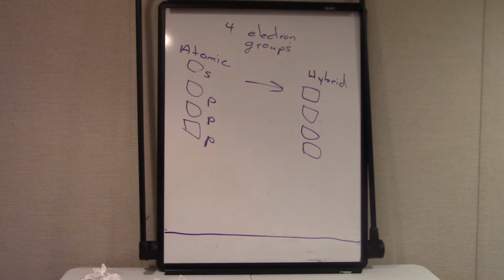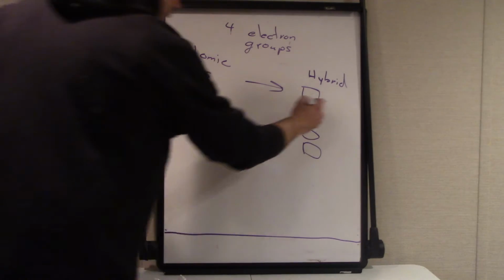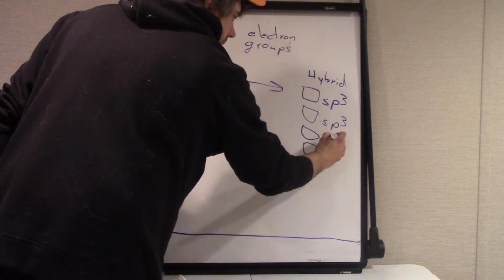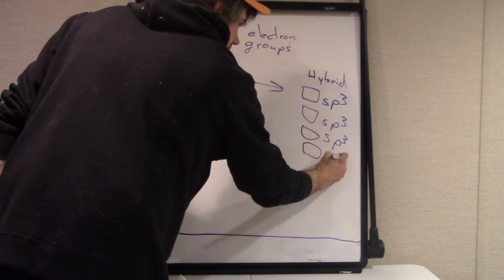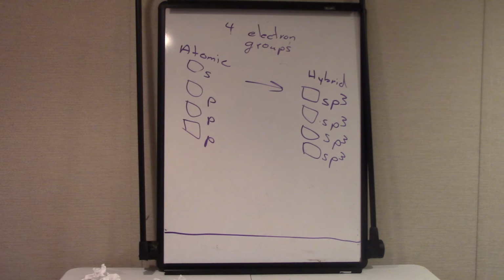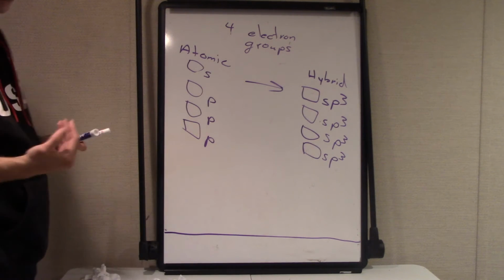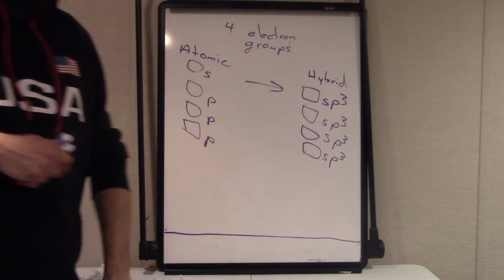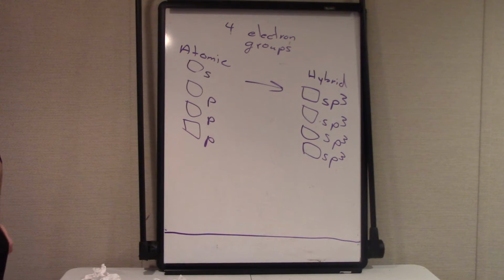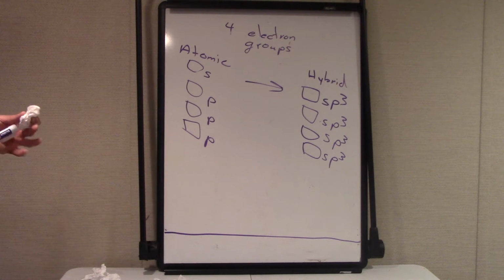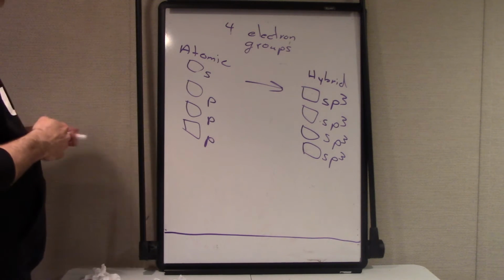What will be the identity of these hybrid orbitals? Because it came from an s and three p's, I'm looking at sp3 hybrid orbitals. Four electron groups, sp3 hybridization. These are going to be in that tetrahedral electron pair geometry, and I'm going to get my 109.5 degree bond angles coming out of that.